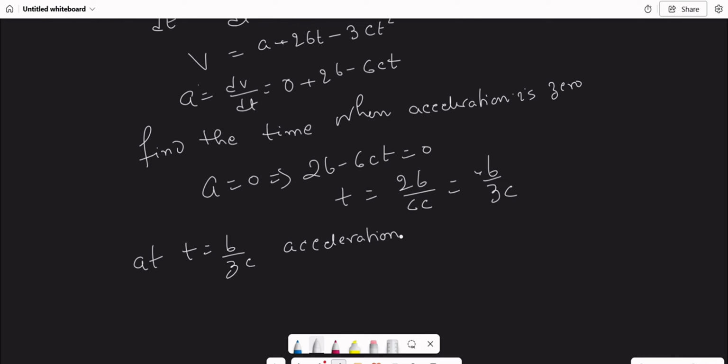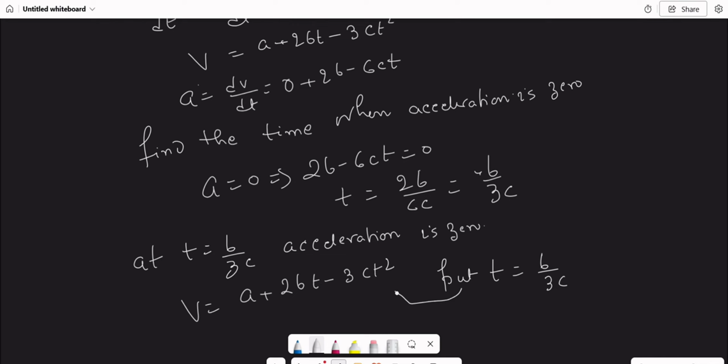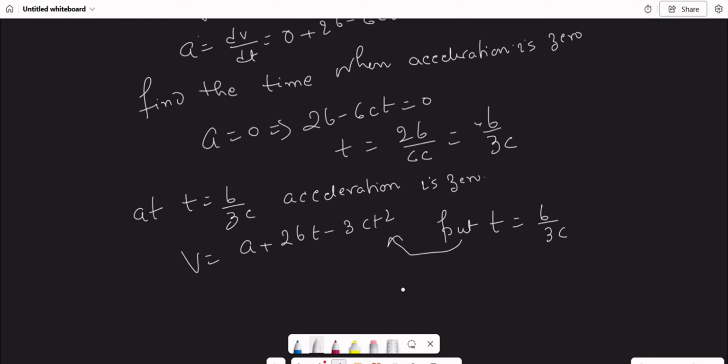This means the particle is not accelerating. The velocity is not changing. At this time the velocity is, from the velocity function we obtained, a plus 2bt minus 3ct square. Now you have to put t equal to b by 3c in the equation of velocity.